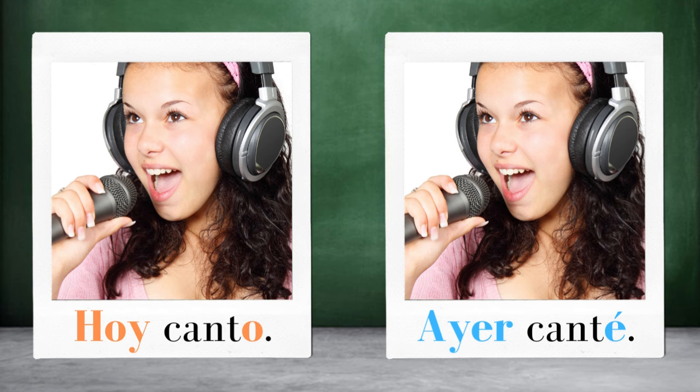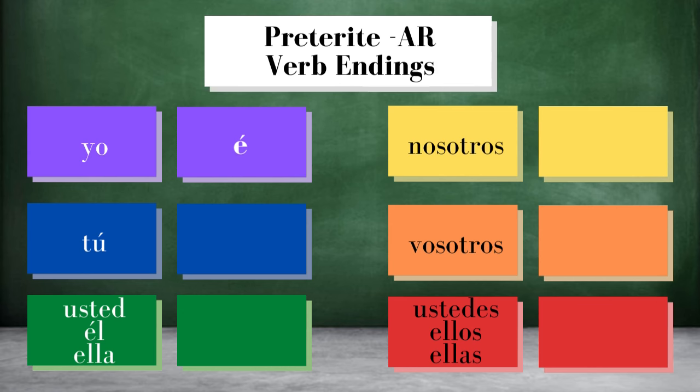Okay, so now we have hoy canto, today I sing, and ayer canté, yesterday I sang. Let's go ahead and put the first conjugation ending into our preterite AR verb endings chart. The preterite ending for yo is con acento, or the letter E with an accent. Let's take a look at another example and see if you can figure out the next AR ending in the preterite tense.